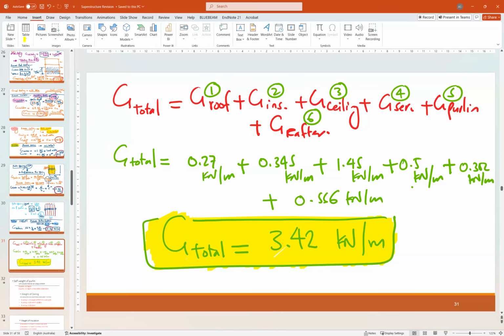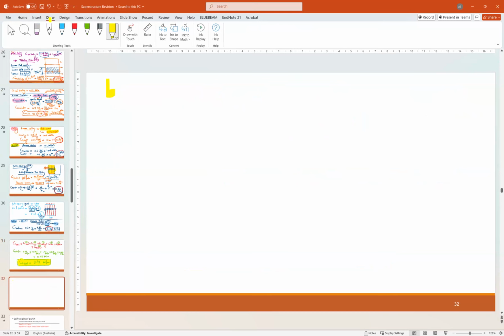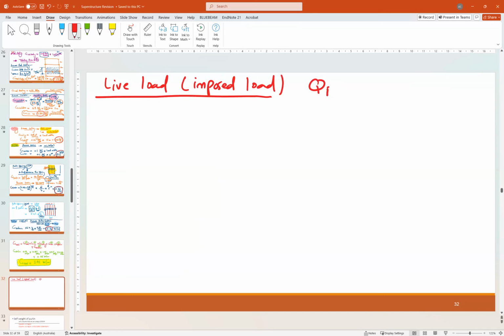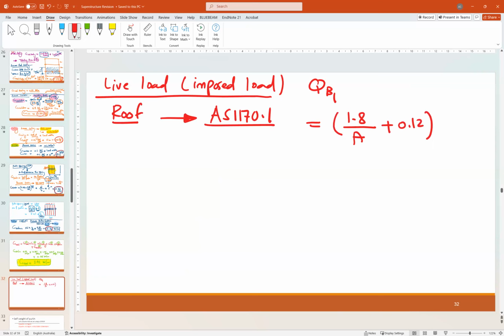The next load we need to calculate is what? Live load, or imposed load, Q B1. This is a roof. So the live load on the roof from AS 1170.1 uses the formula 1.8 divided by A plus 0.12, and it should be more than or equal to 0.25 kPa.